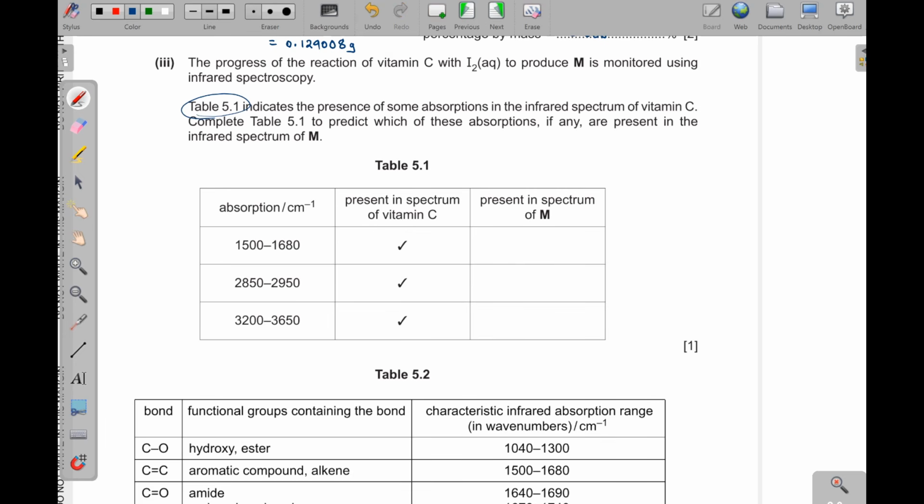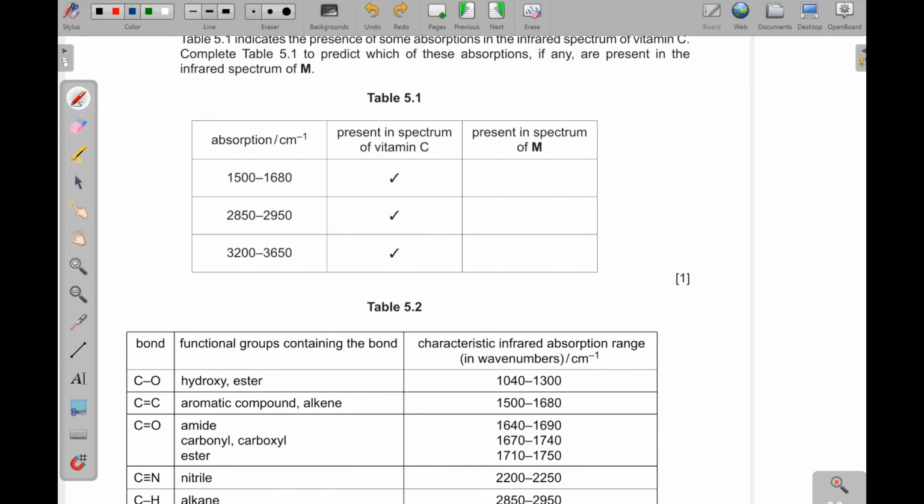Table 5.1 indicates the presence of some absorptions in the infrared spectrum of vitamin C. They are saying we have to complete that table to predict which of these absorptions, if any, are present in the infrared spectrum of M. For vitamin C, they are giving us 1500 to 1680. This is the one which represents an alkene.